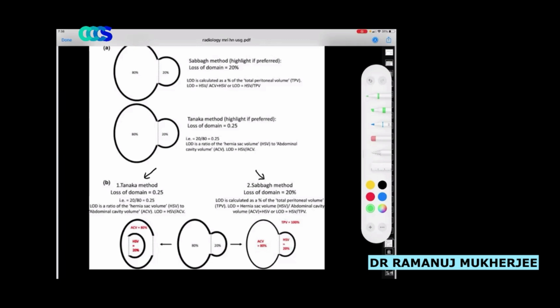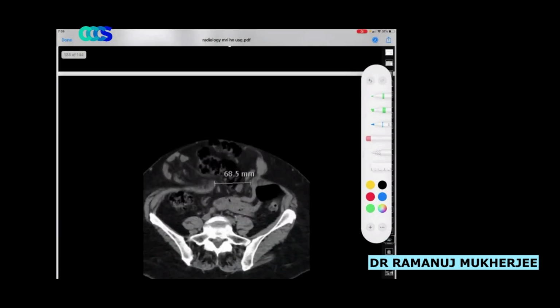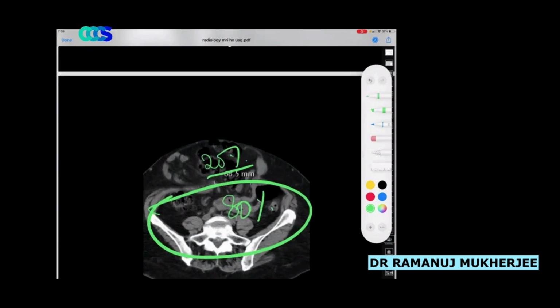Loss of domain definitions are very doubtful, debated definitions around what exactly is a loss of domain. But more or less, if there is more than 20% of the volume, say for example in this picture, if more than 20% of the bowel has been lost into the hernial sac, that means if this is 80 and this is 20, then more than 20 we will call a loss of domain hernia.